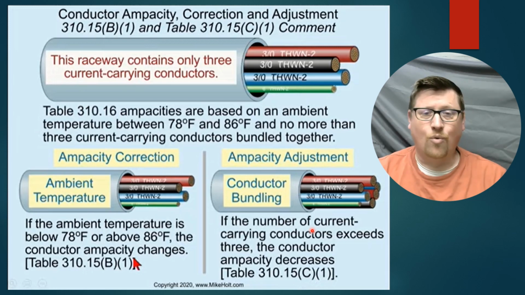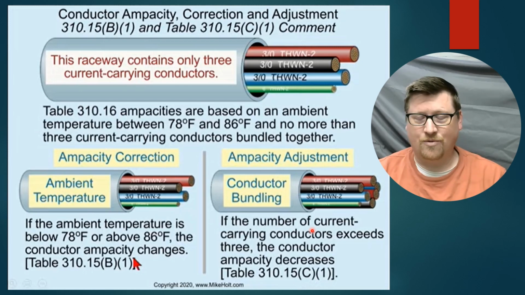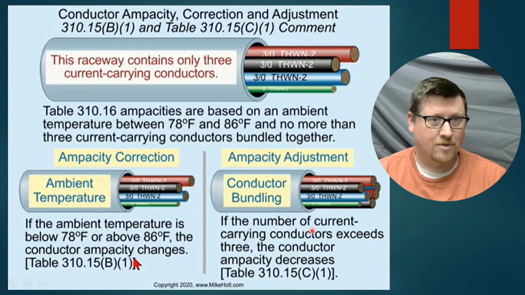And so, when we're running conduit, we've got to be aware of that, right? Like if we're running conduit to a device, or along the side of a machine, where there are a lot of different processes going on, we've got to be aware that if I use a piece of 4-inch pipe and stuff that full of number 12 and number 14 and number 10 wires, I probably get a couple hundred in there.